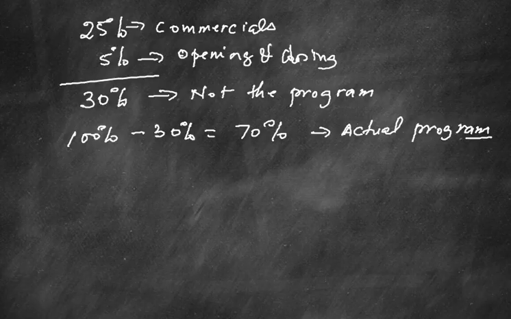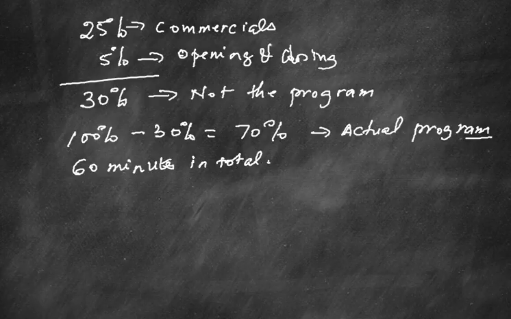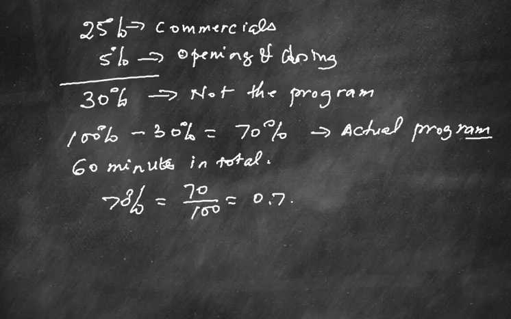But remember, we had 60 minutes in total. So that makes it 70%, which is equal to 70 over 100, which is equal to 0.7.